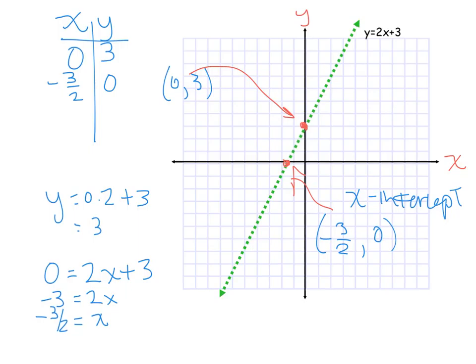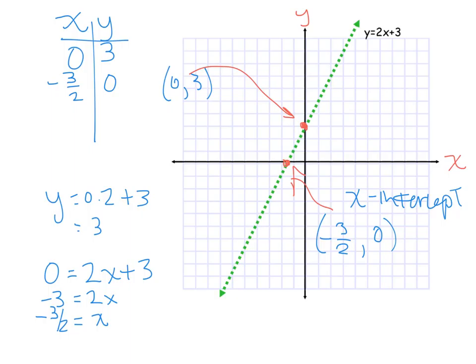So this has allowed us to find the intercepts for this line by simply doing a chart that is inputting 0 for x and finding out whatever y makes the equation true, and then putting 0 in for y and finding out whatever x value makes that equation true. So we found these 2 ordered pairs.